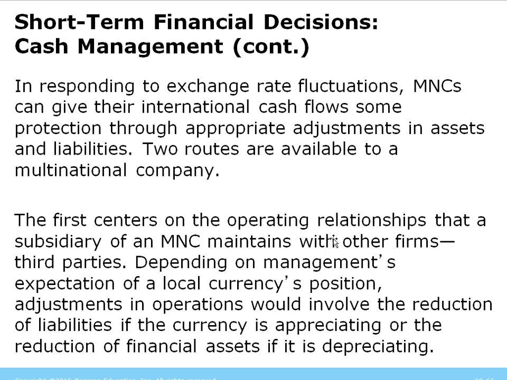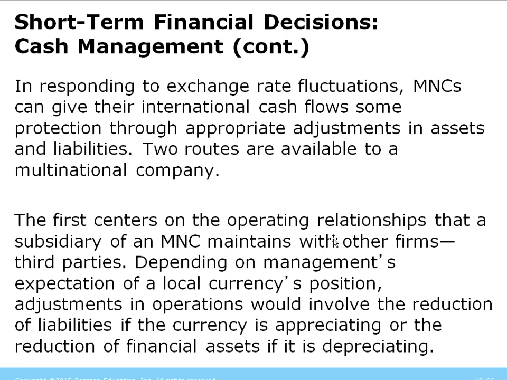So in responding to foreign exchange rate fluctuations, these multinationals can give international cash flows some protection through appropriate adjustments in assets and liabilities. There are 2 routes available. The first centers on the operating relationships that a subsidiary of a multinational maintains with other firms or third parties, depending on the management's expectations of the local currency position.